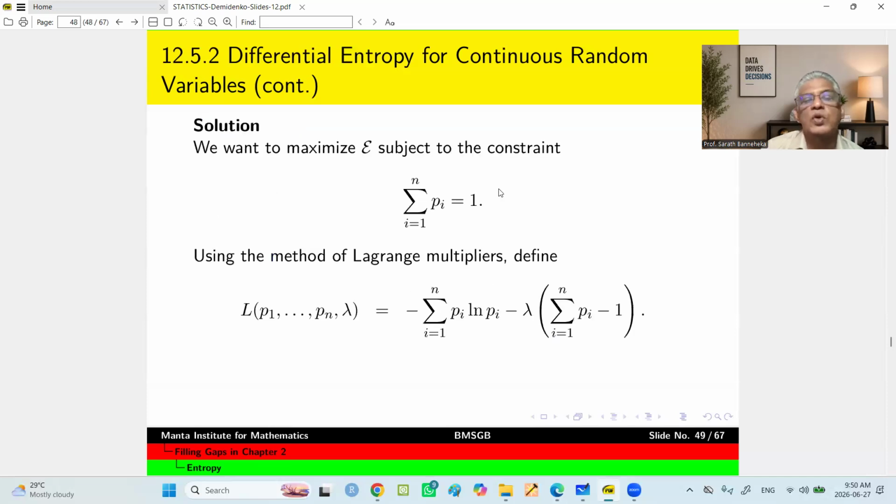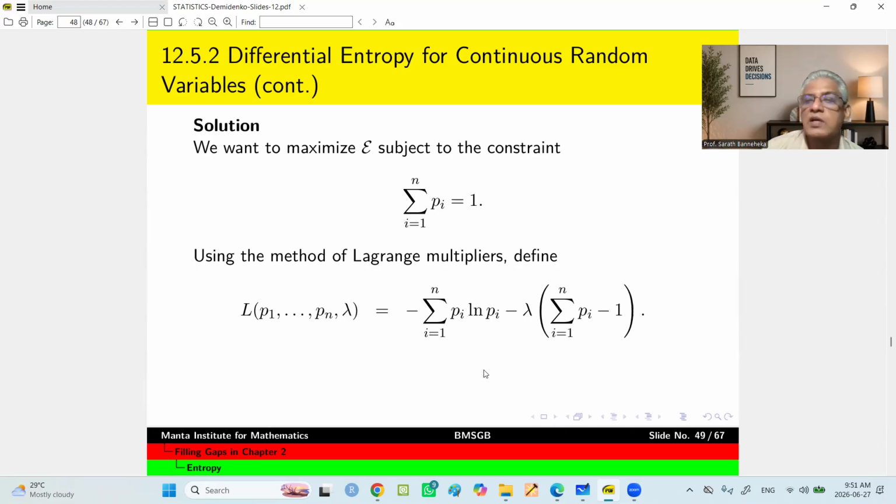So we want to maximize the entropy subject to the constraint that the sum of the pi's is equal to 1. So we are maximizing some function subject to a constraint. For that, we can use the Lagrangian multiplier method. We write down the Lagrangian as a function of the parameters we are interested in, p1 up to pn, and also a Lagrangian multiplier, lambda.